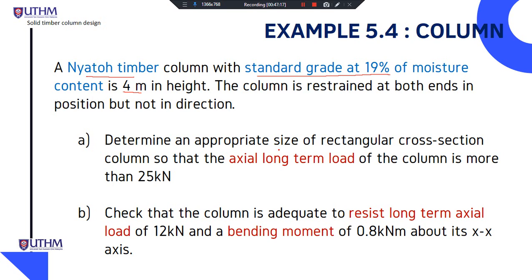Determine an appropriate size of rectangular cross-section column so that the actual long-term load of the column is more than 25 kN. B. Check that the column is adequate to resist a long-term axial load of 12 kN and a bending moment of 0.8 kN about its x-axis.